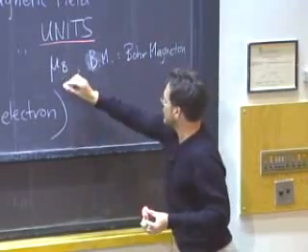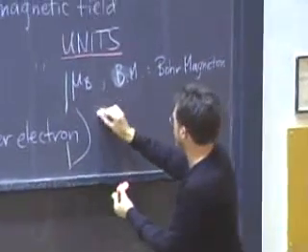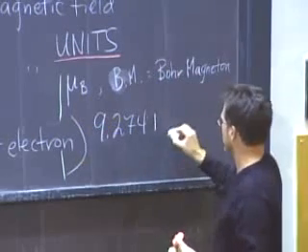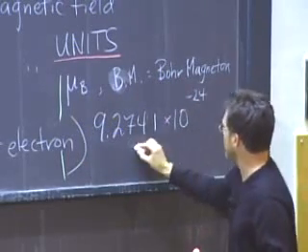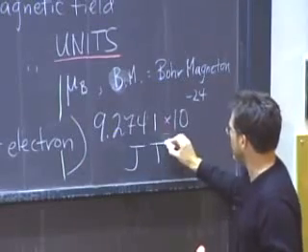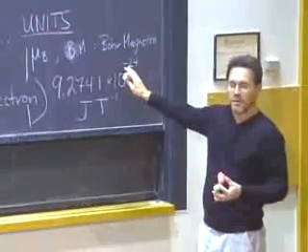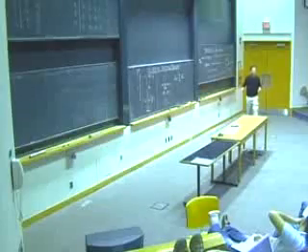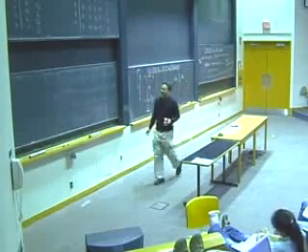And it is equal to 9.2741 times 10 to the minus 24th joules per Tesla. Okay, so this is the value of the Bohr magneton. And the Bohr magneton is the unit also of our magnetic moment.